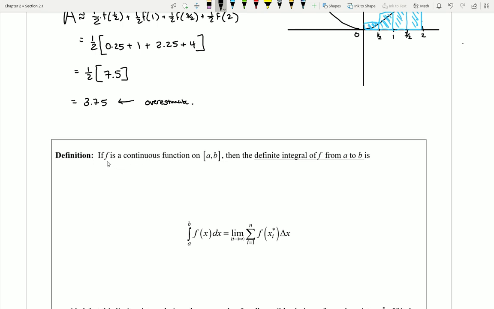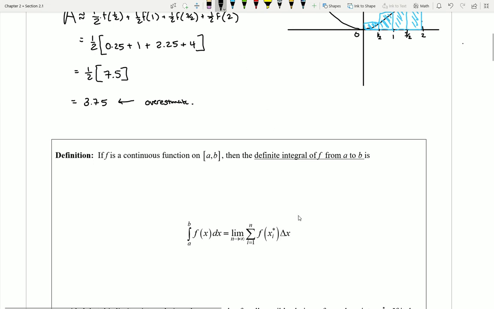We said that as long as the function I was integrating was continuous on the interval from a to b, then the definite integral of a function from a to b, like the integral of x squared from 0 to 2, would be given by this set of symbols. We're very familiar with that. But we really need to understand this set of symbols at the side, because this integral notation was equivalent to what we have here. And while this side can look a little bit confusing and intimidating at times, it's actually really simple to break down.